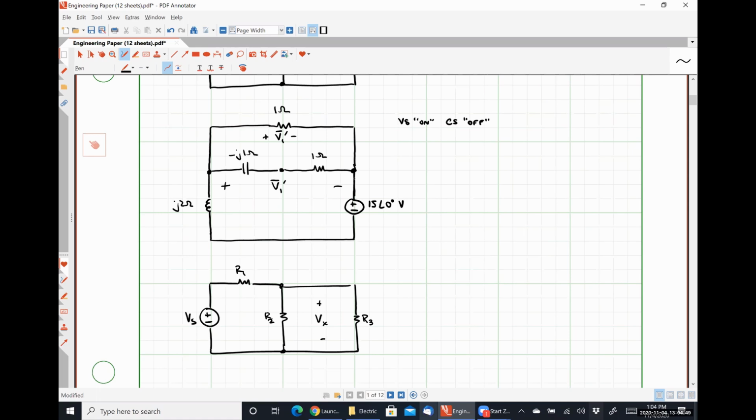We have a voltage source in series with this impedance over here, in series with the parallel combination of impedances. It's literally the same circuit. May not look like it right off the bat, but it is exactly the same thing. So I'm going to employ voltage division.